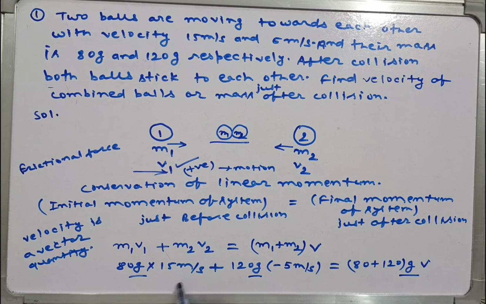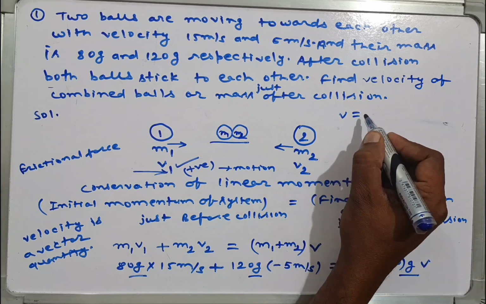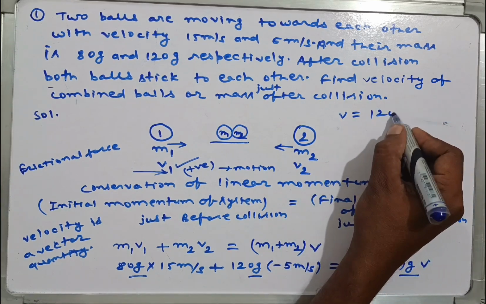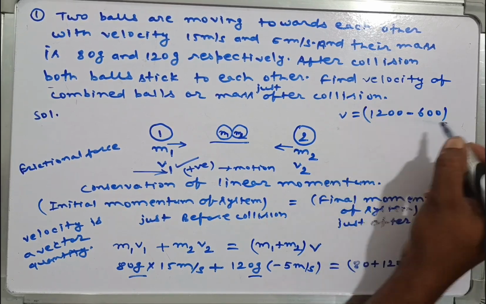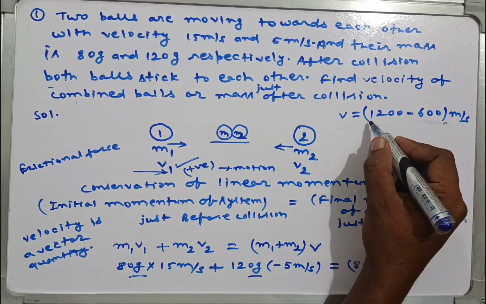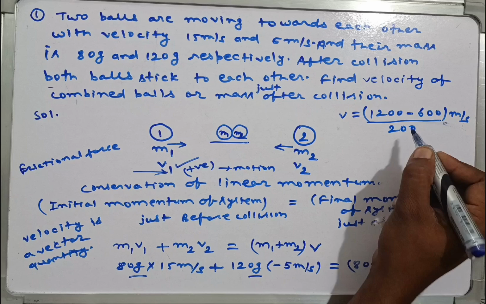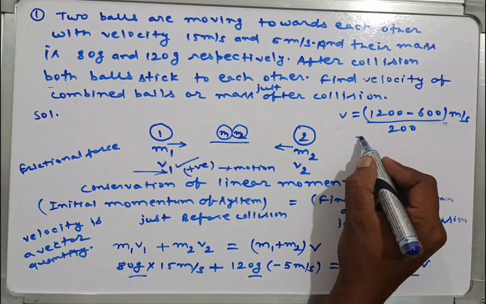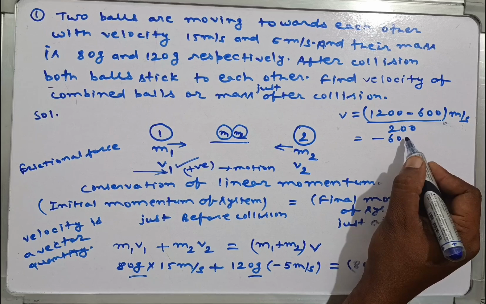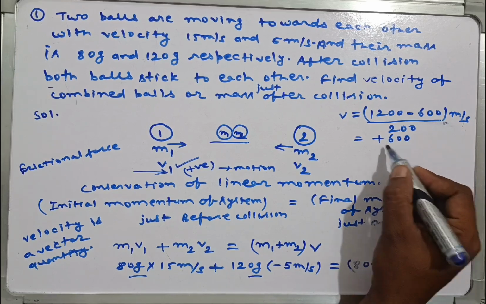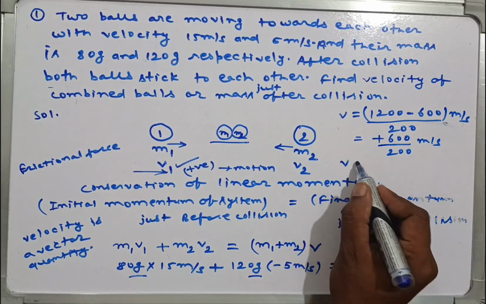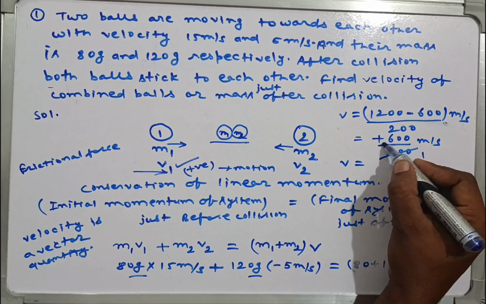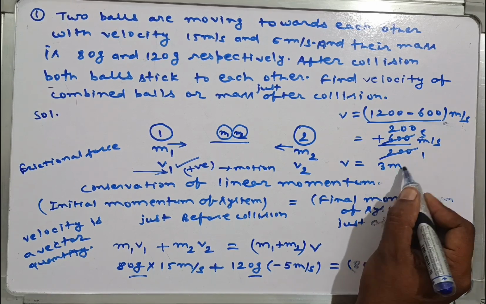We can write v equal to 1200 minus 600, in meter per second, divided by 200. So v is 600 divided by 200 meter per second, which is 3 meter per second.